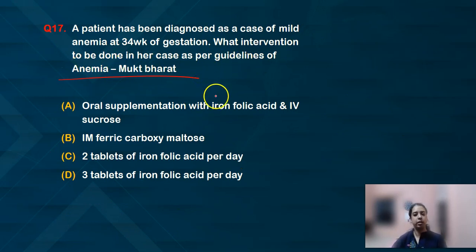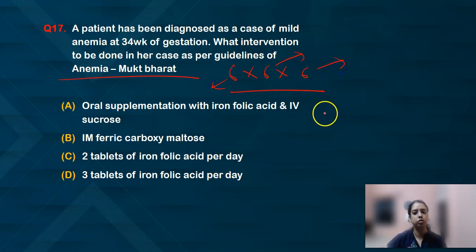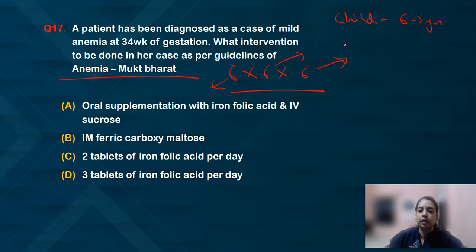So you should know about Anemia Mukt Bharat. It has a 6x6x6 strategy: 6 beneficiaries, 6 interventions and 6 institutional involvements. The 6 beneficiaries are children aged 6 months to 5 years, then adolescent girls, adolescent boys, then reproductive age women.